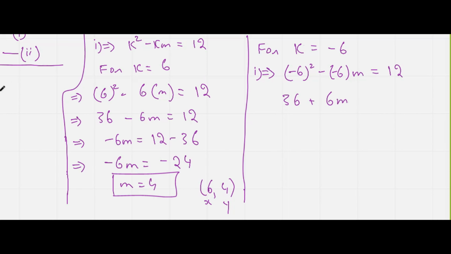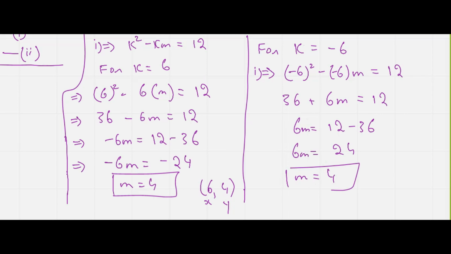It's going to be minus 6m equals to 12. So minus 6m equals to 12 minus 36, that is minus 24. So m is equals to 24 upon 6, that is 4. So the second point I am having is minus 6, 4.